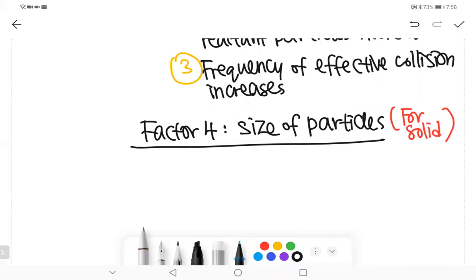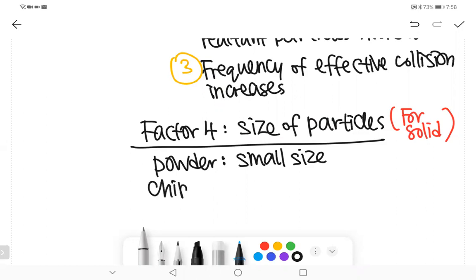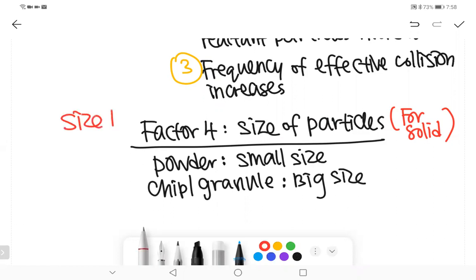Powder is a small size. If they use chips or granules, the size is big. The concept that we know is: the smaller the size, the higher the rate.